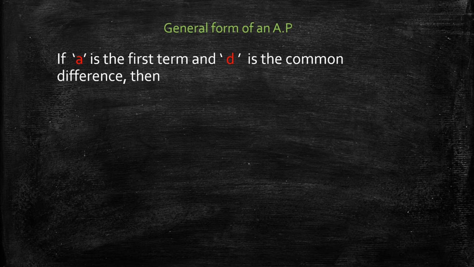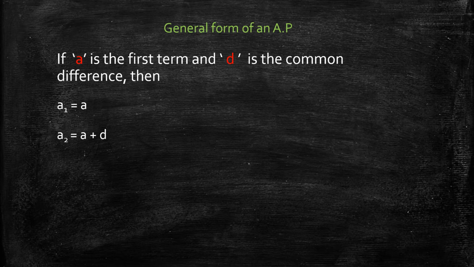In an AP, if a is the first term and d is the common difference, then a1 will be equal to a, right? a2 will be equal to a plus d. The first term plus the common difference gives the second term. What will be the third term?